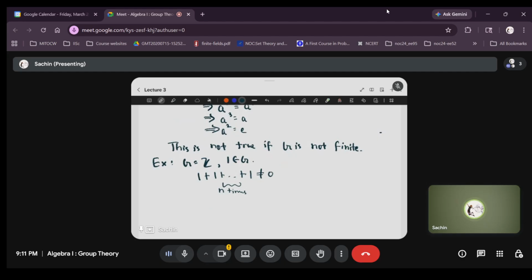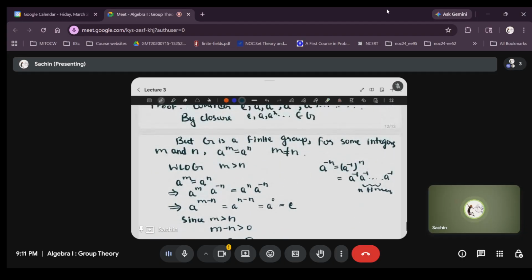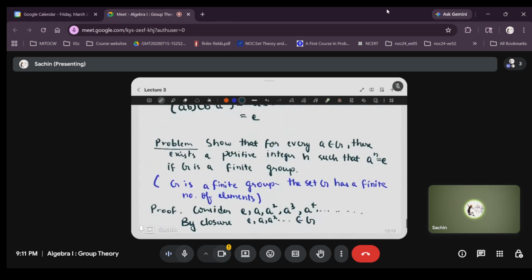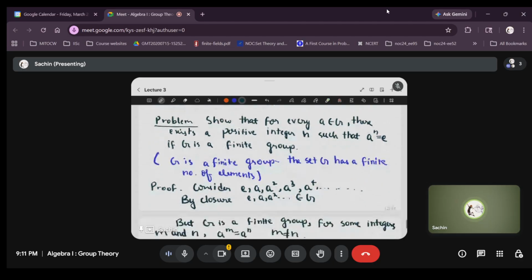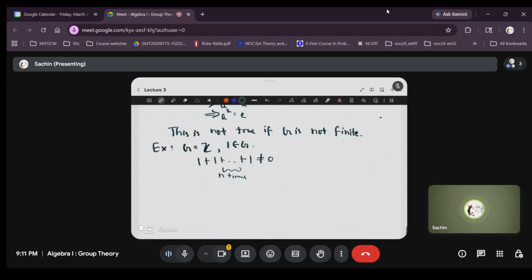So if you keep adding 1 to itself, you will never get 0. Here the notation was multiplication, so I wrote it as a power n is equal to e. In additive notation, that would be n times a is equal to 0. So it's not true for a group that is not finite.